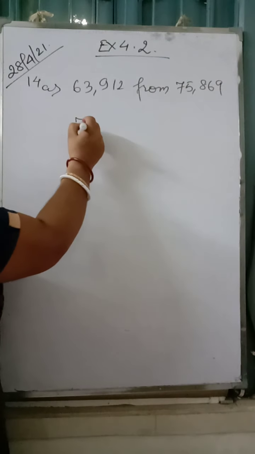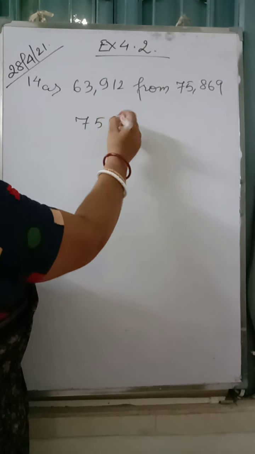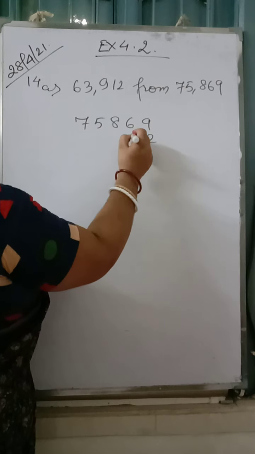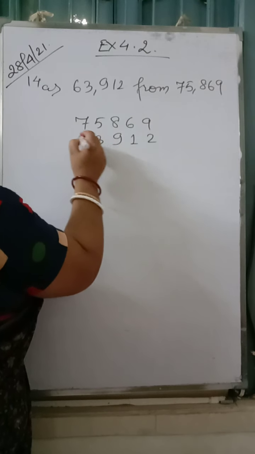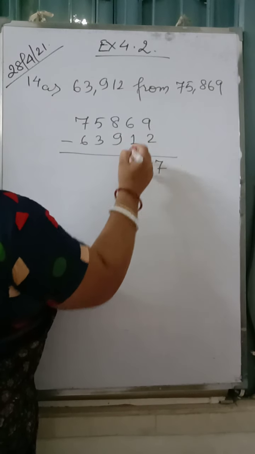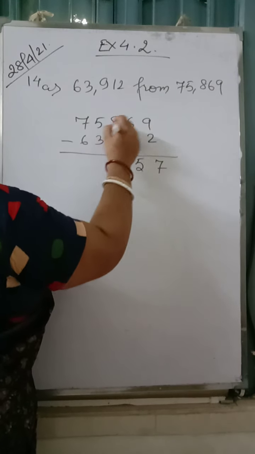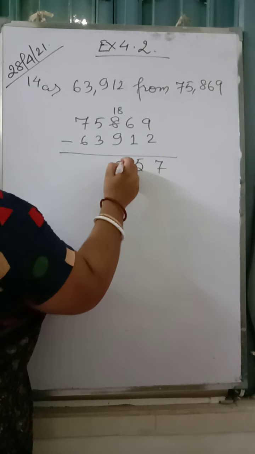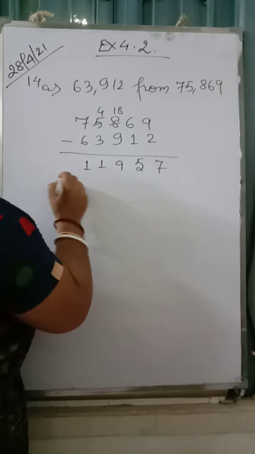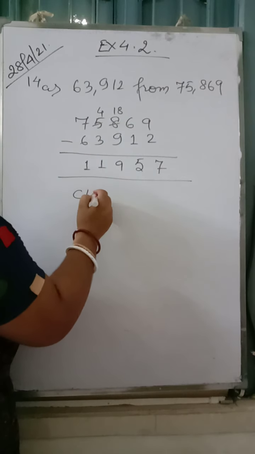So first of all we have to subtract. Nine minus 2, 7, 6 minus 1, 5, 18 minus 9, 9, 4 minus 3, 1, 7 minus 6, 1. Okay, then we'll write checking.